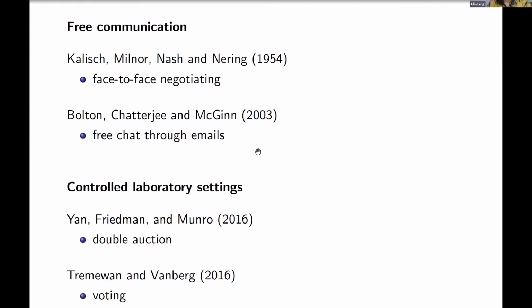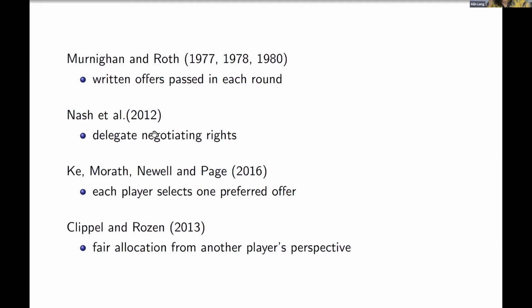Although it's important, there are few experimental studies. I don't have time to go through them in detail, but they all use different methods to implement cooperative games, such as free chat, double auction, voting in discrete time, delegating negotiation rights, and so on.